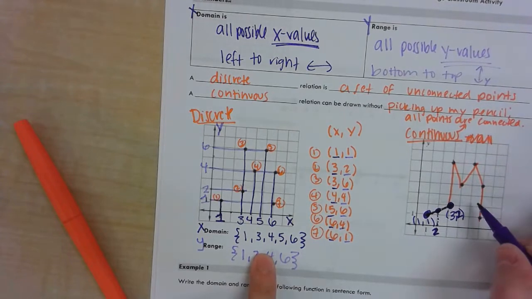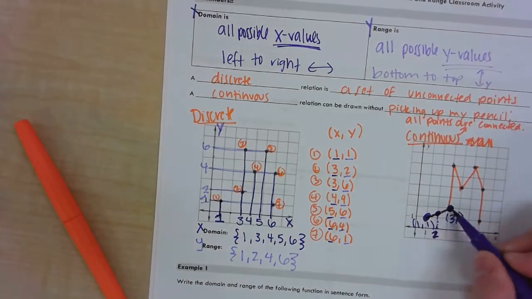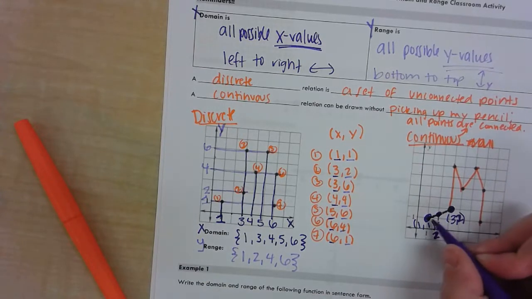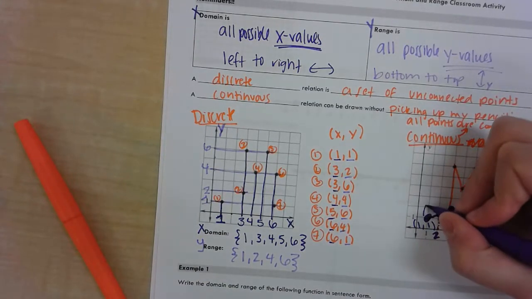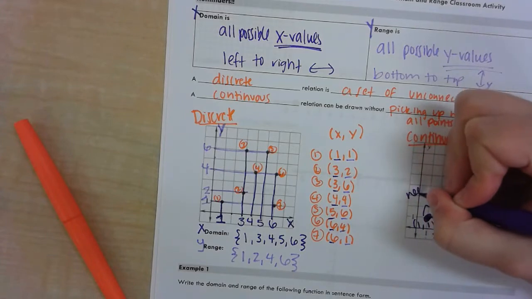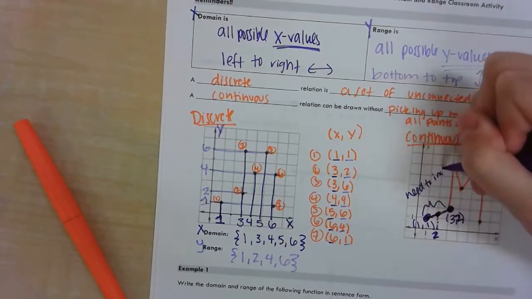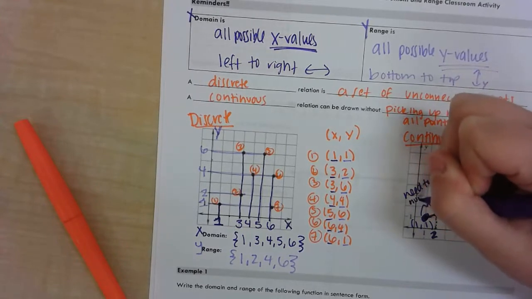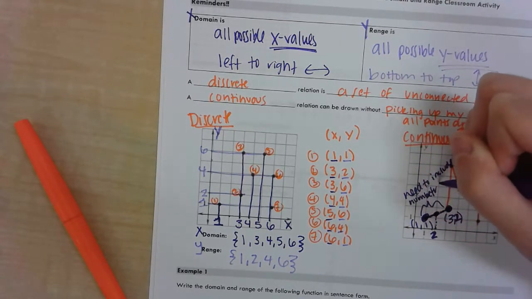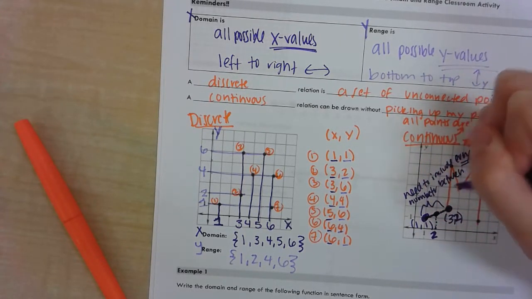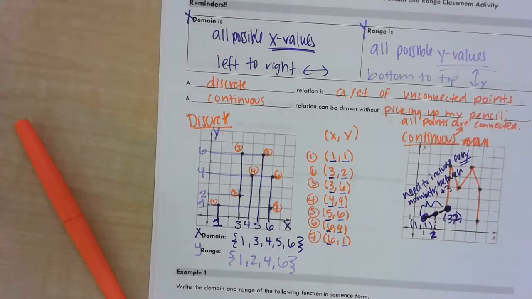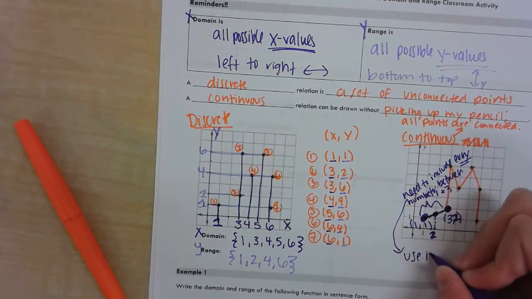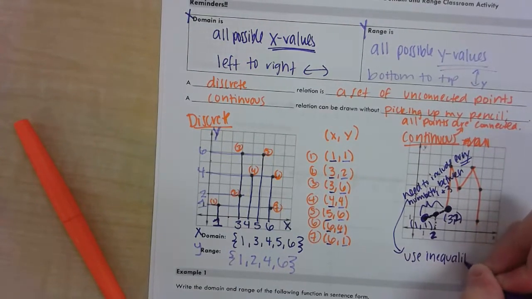I'm going to have to say that it's on a spectrum between those two numbers because I need to include every single number between 1 and 3. Every number in the whole world. And to do that, we're going to use inequalities. But that's getting a little bit ahead of ourselves.